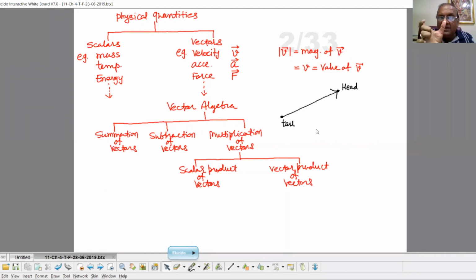Draw a line of 10 centimeter parallel to the x-axis, and place the arrow pointing in the positive x direction. Then we can say, yes, now the velocity vector is prepared. So in this way, the vector is represented graphically.